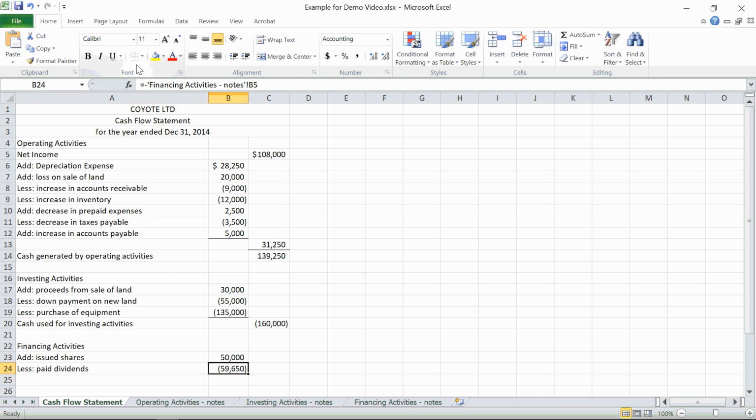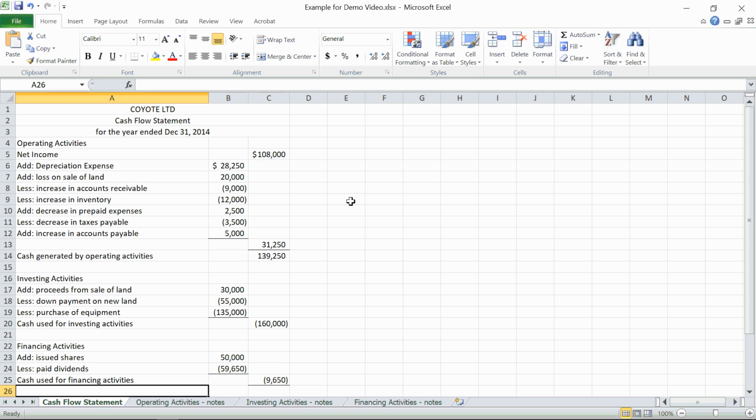And so I'm going to calculate my cash from financing activities, which looks like it's going to be negative. So this is cash used for financing activities. And I said we had not accounted for the change in cash yet. That's how we're going to make it balance, or that's how we're going to see if it balances.